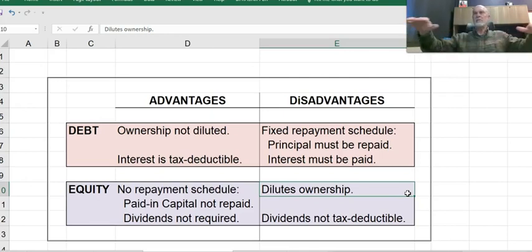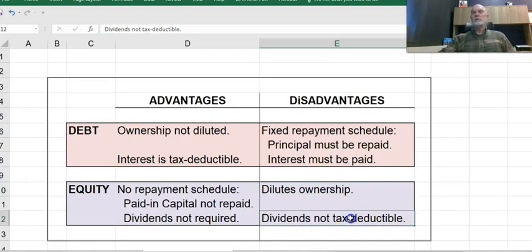So again, that dilutes the value of each share. And the other disadvantage is when we pay dividends, it's not considered an expense. A dividend does not lower your profit. It just lowers how much of the profit you're keeping. It lowers your retained earnings, but it's not a tax deductible expense.